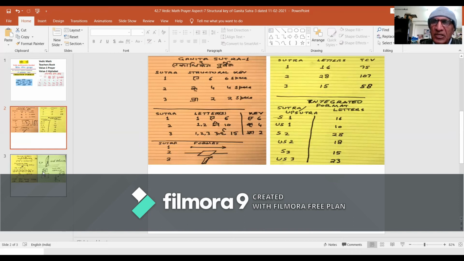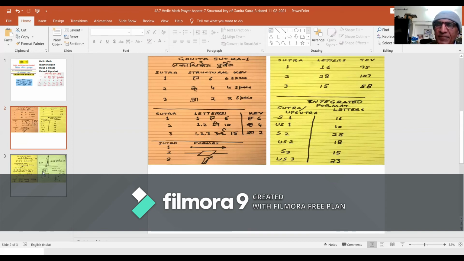And Sutra 3, Urdhvatiryagbhyam, has the format of a vertical plane. These features deserve to be imbibed well.